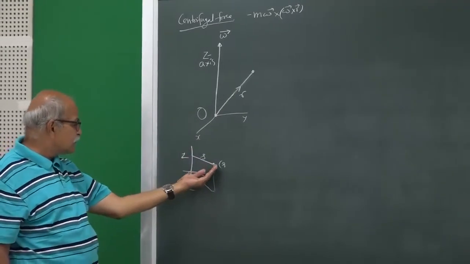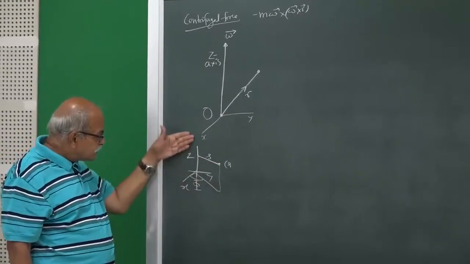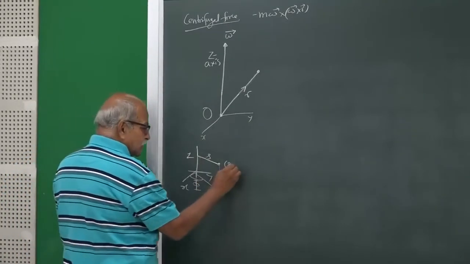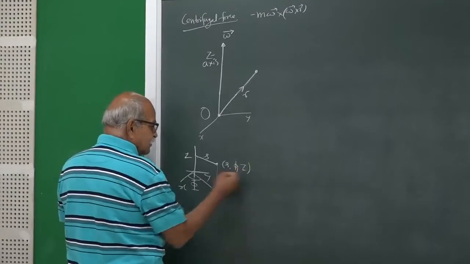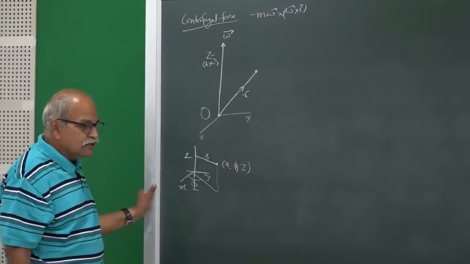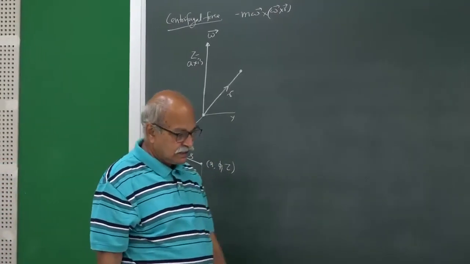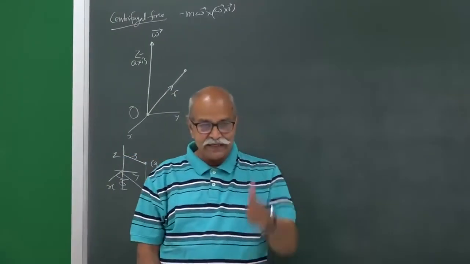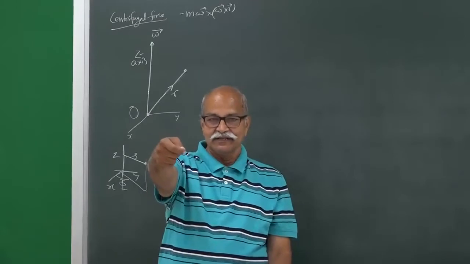If phi is 0, that means it is right here in this xz plane. And then this is z. So, this phi is the second coordinate and z is the third coordinate. Okay. So, you have an axis and then x axis, y axis, z axis, and the particle is somewhere here.